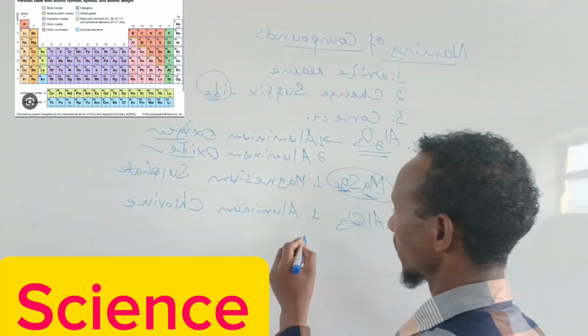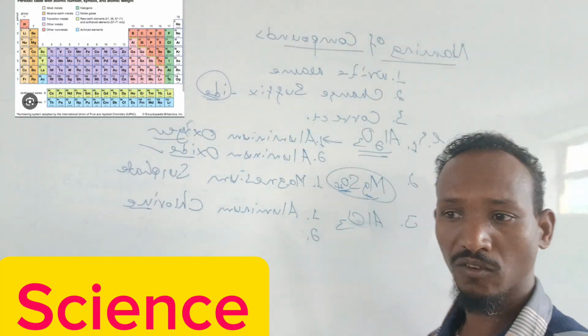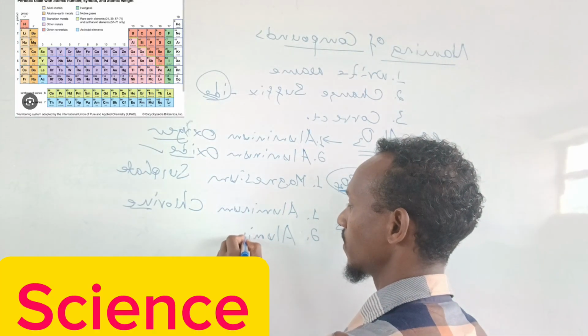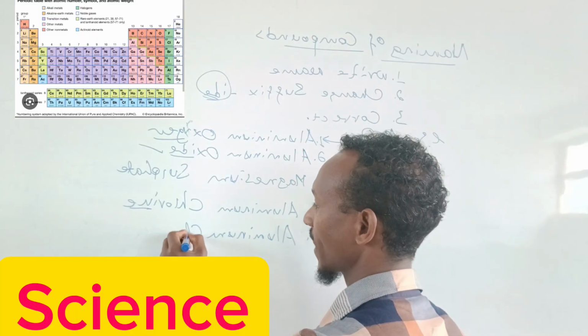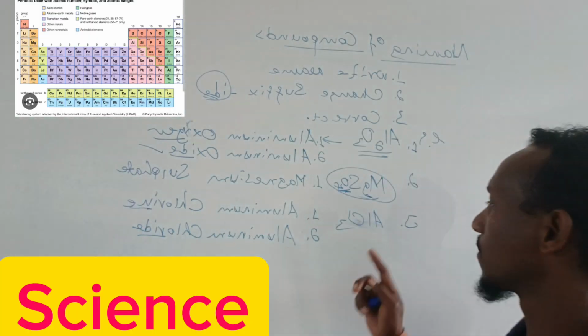The second step is to change the suffix of chlorine into IDE. Write aluminum again, aluminium chloride. This is the correct name of this compound.